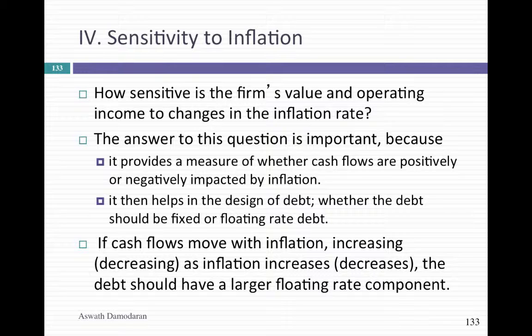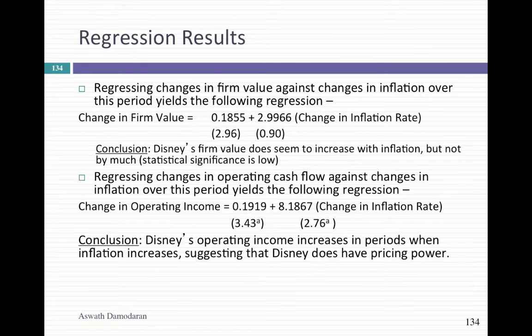So what we'll see is regression results on Disney. Again, operating income tends to move with inflation, and the firm value doesn't really move that much. That's not surprising, because the cash flow effects and the discount rate effects are canceling out in this kind of situation.